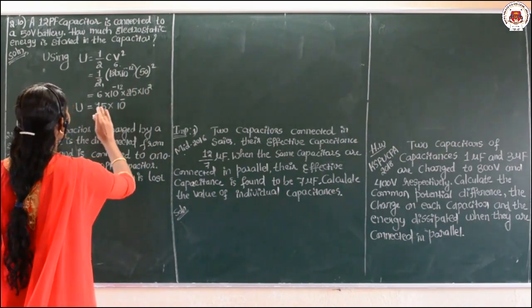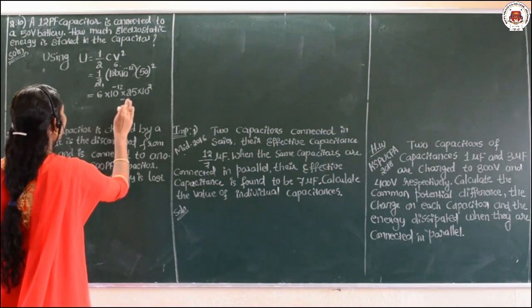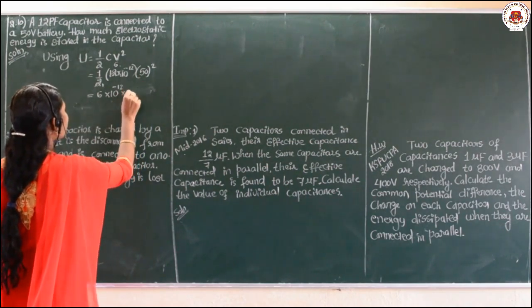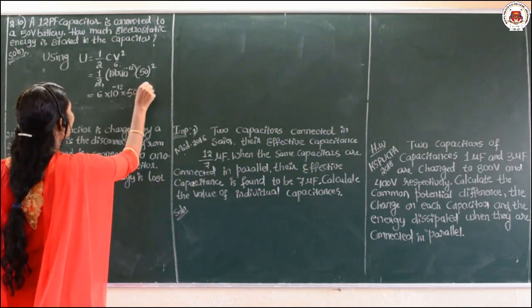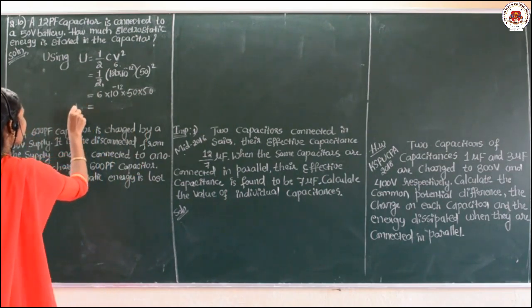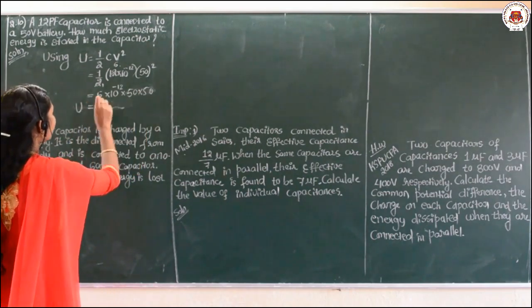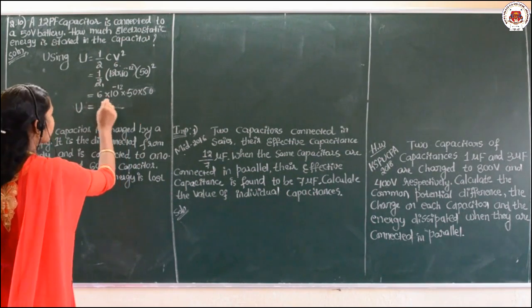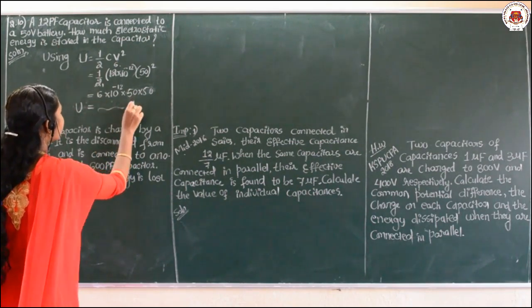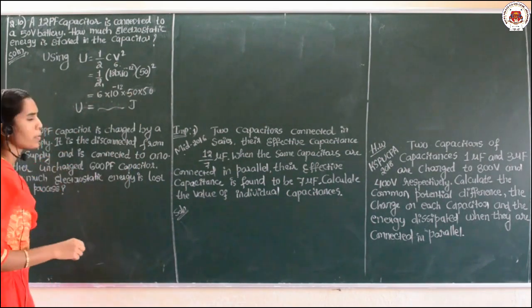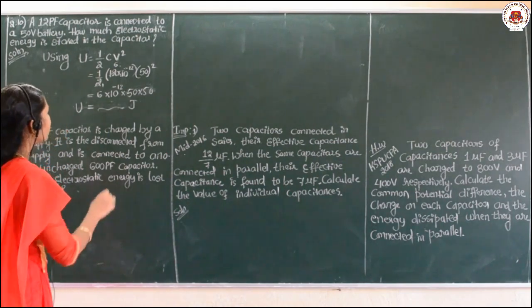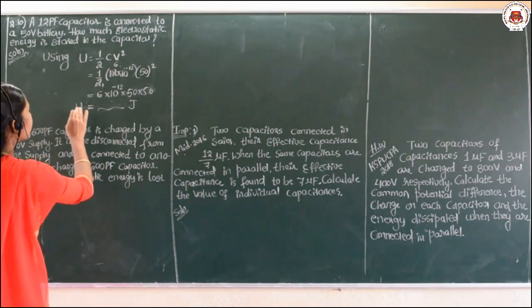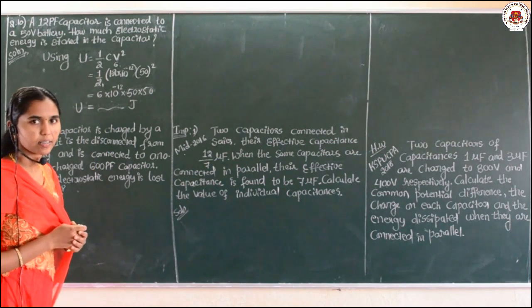Or you can simplify this, multiply 50 into 50 and get the answer. So 1.5 something will come here, that is in joule only, remember children, right. So this is the energy stored in the capacitor.